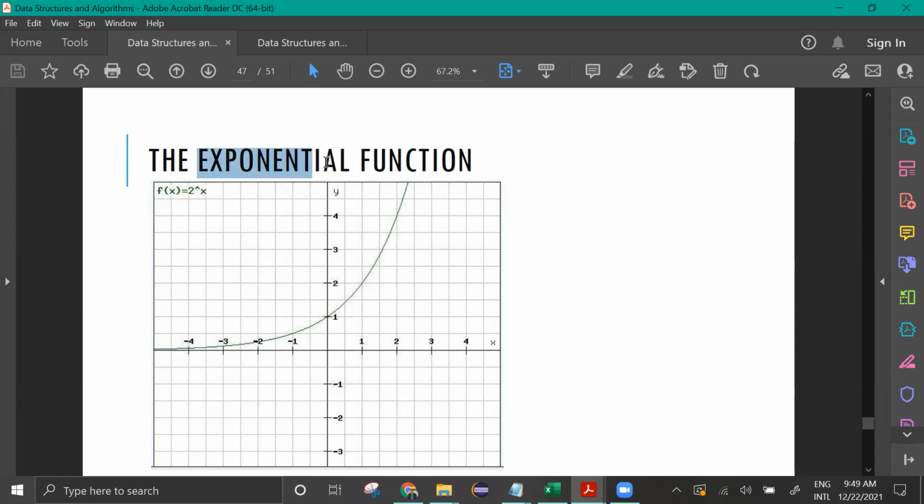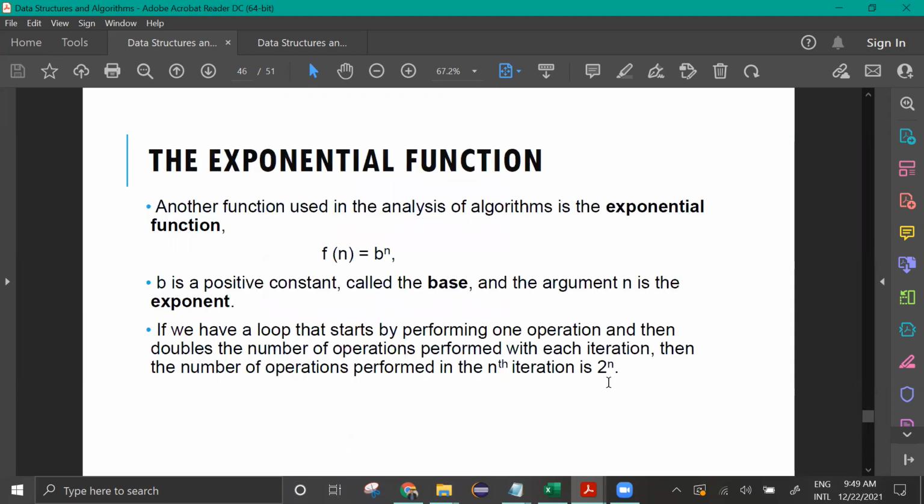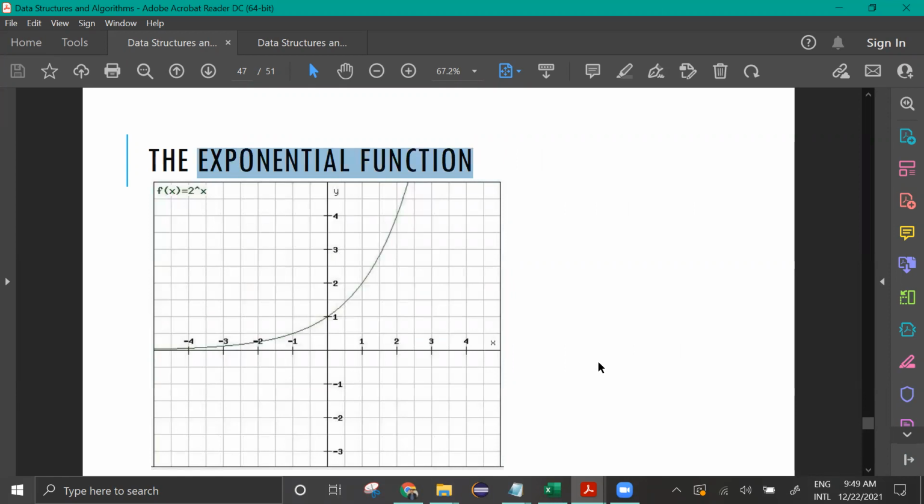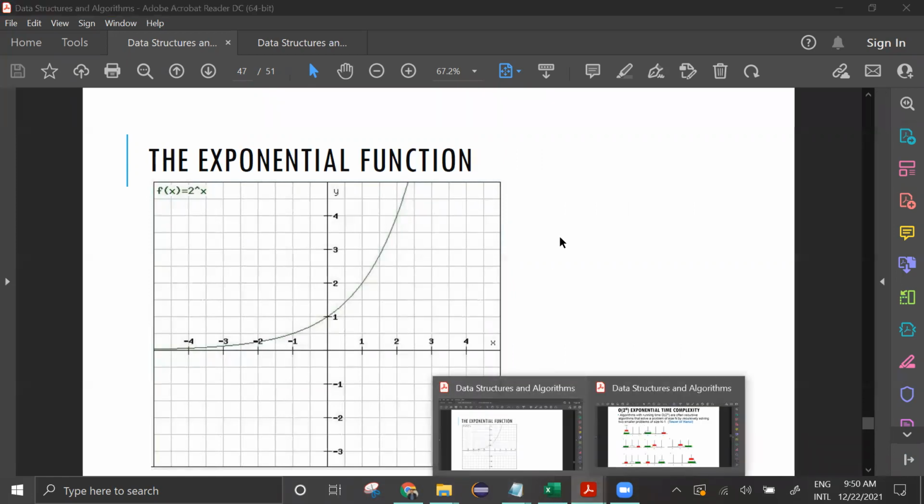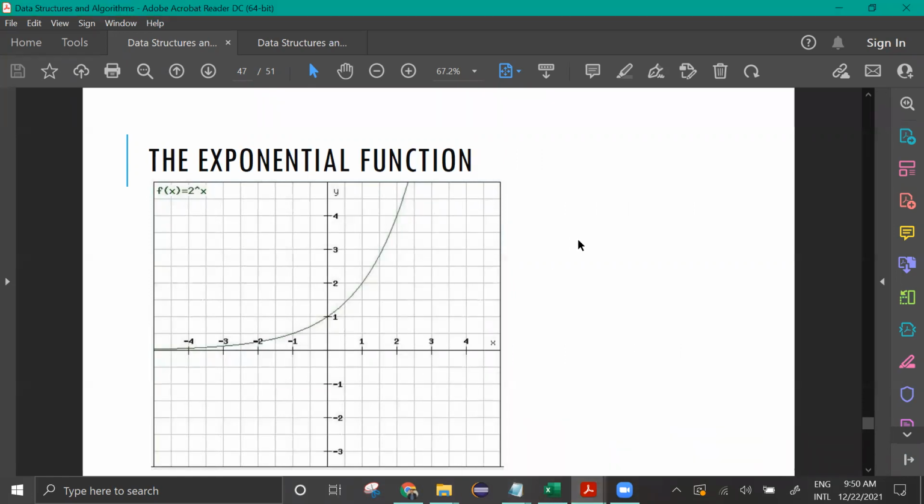So exponential growth. One example would be most of the recursive functions. Recursive functions are exponential, for example, like Tower of Hanoi. I'll give that in the next set of slides, right? Okay.